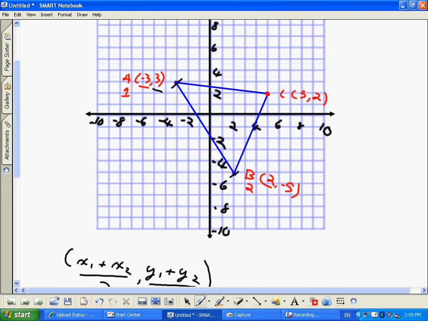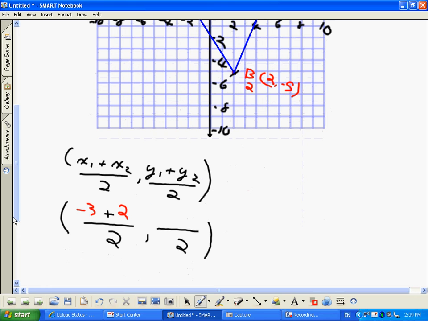Oops, I wrote down the wrong one. Y1 will be negative 3, and y2 will be negative 5.